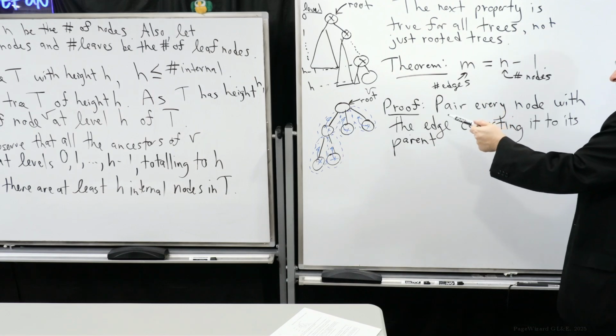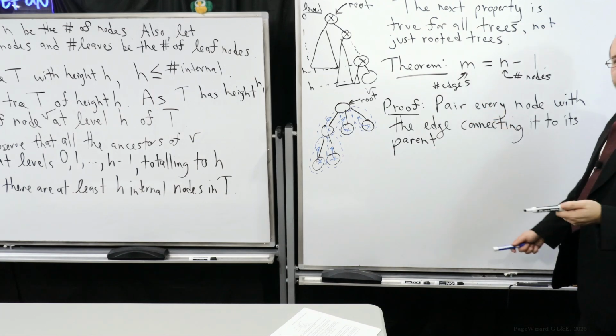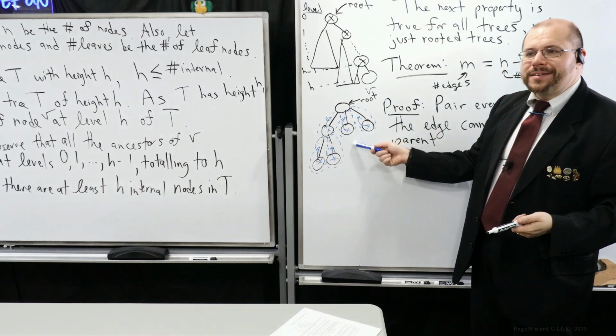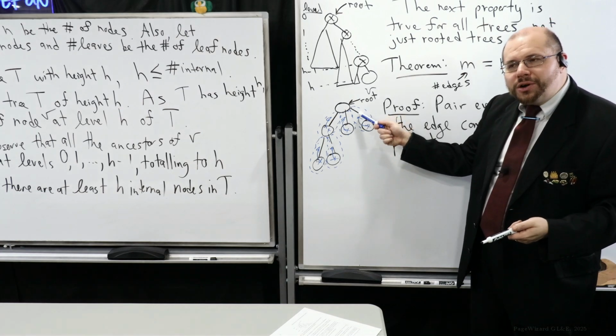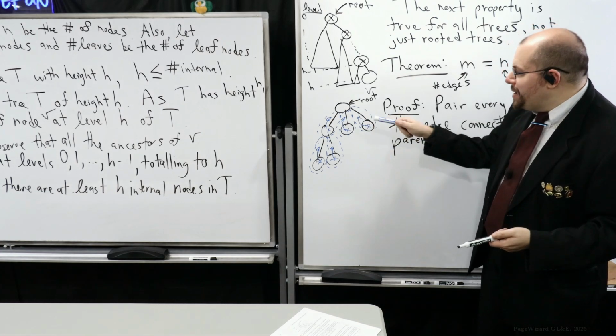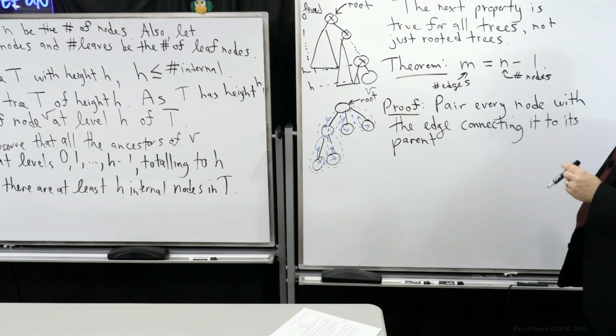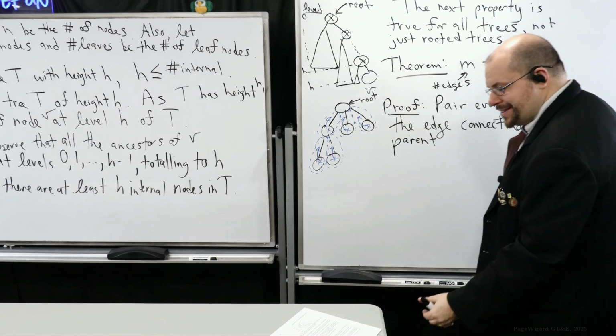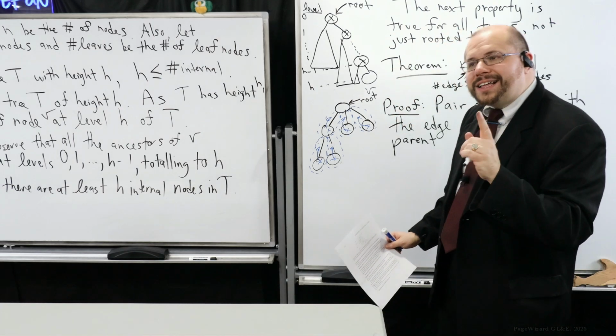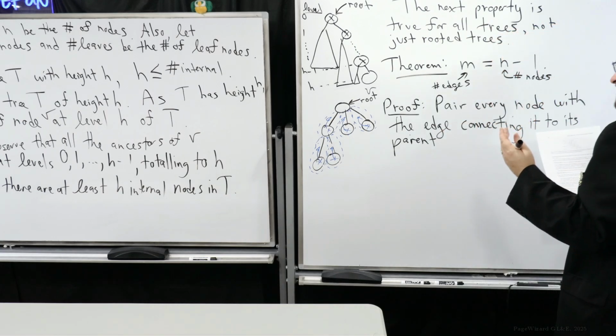But there's one I didn't put an X on. Which one was it? It was a very special node, right? It's this one right here. The root. The root was not matched. But that's exactly one node that hasn't been matched.